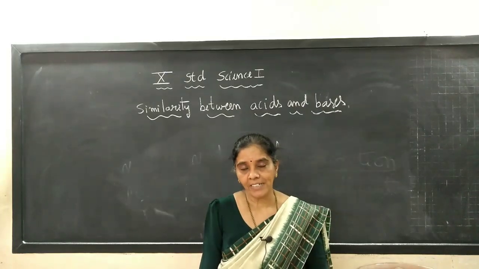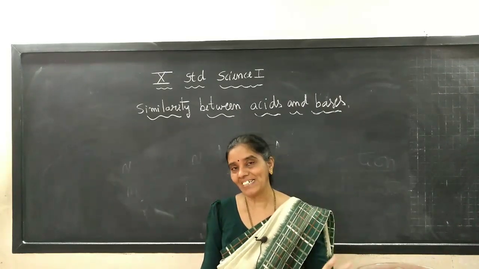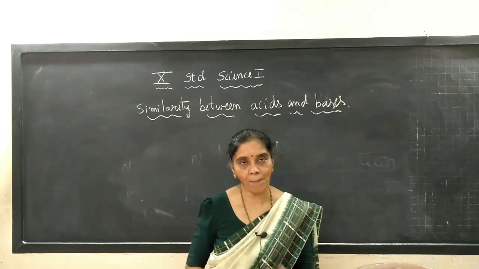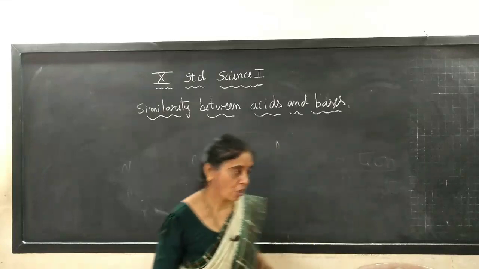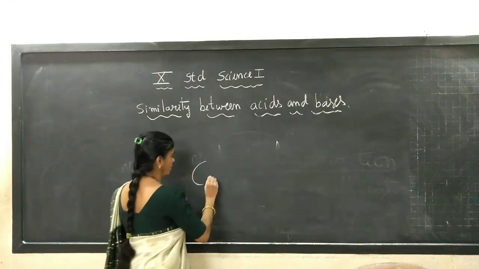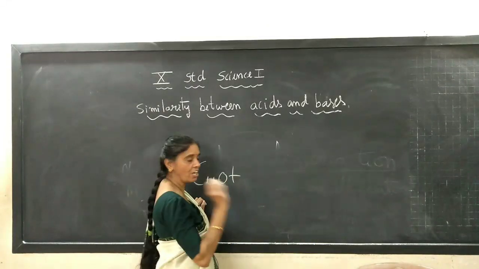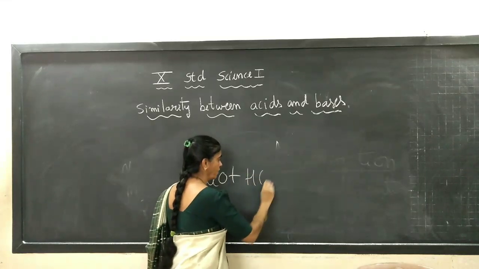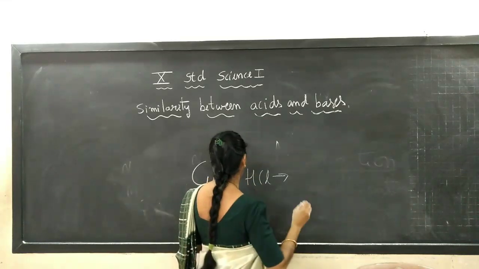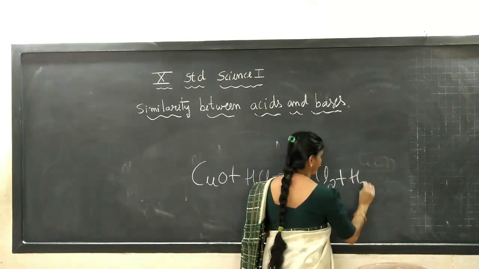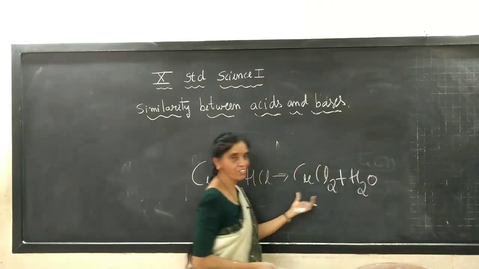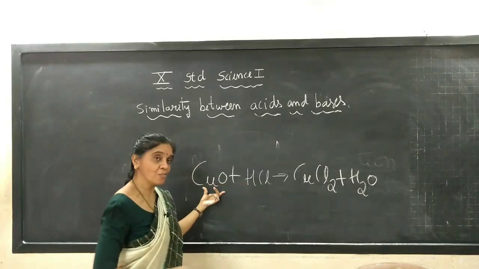Very simple. Take first a metallic oxide. If you take copper oxide, children, you have to take acid, hydrochloric acid. You will get copper chloride plus water, salt and water, because it is basic in nature.